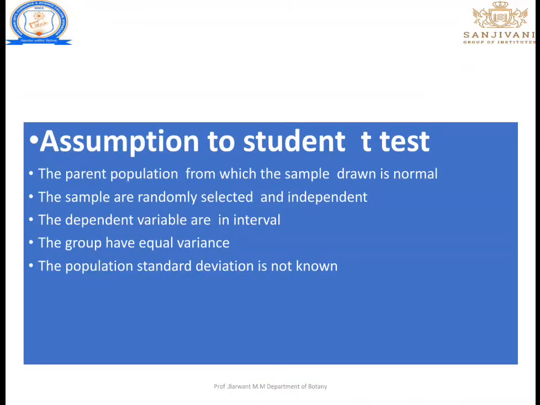The dependent variable is in an interval. The groups have equal variance. The population standard deviation is not known. These are the assumptions given by Sir William Gosset.